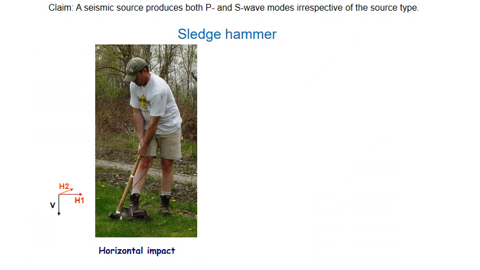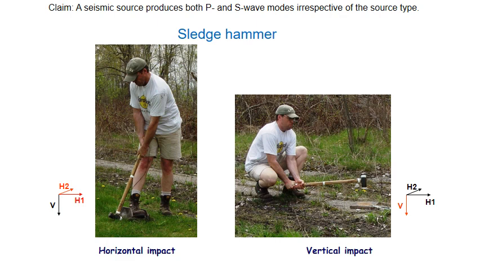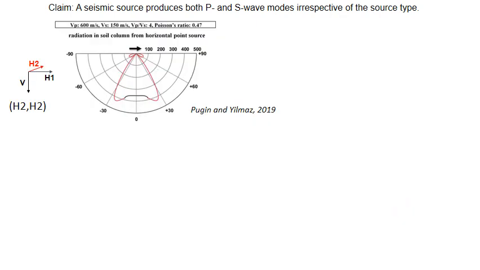The next slide will show you modeling and records that have been acquired with a sledgehammer with an H-beam in horizontal mode and a vertical hammer hit on a metal plate. Here we see a radiation pattern modeled using a P-wave velocity of 600 meters per second and an S-wave velocity of 150 meters per second.